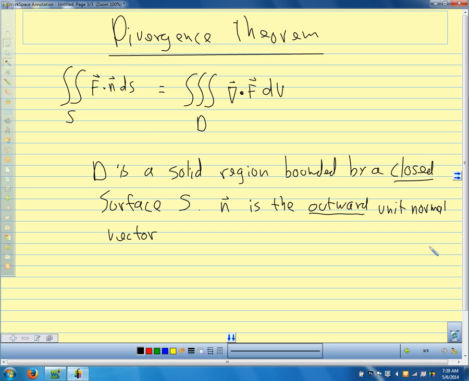Sometimes you will see this double integral, this flux integral, over a closed surface S, written as a double integral over S with a circle. The circle means it's a closed surface.